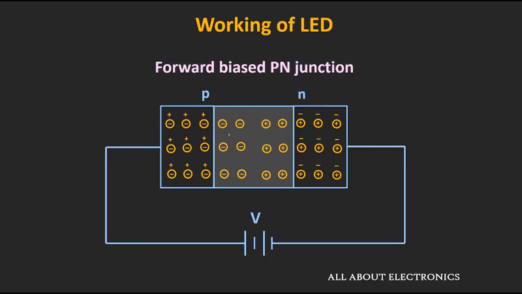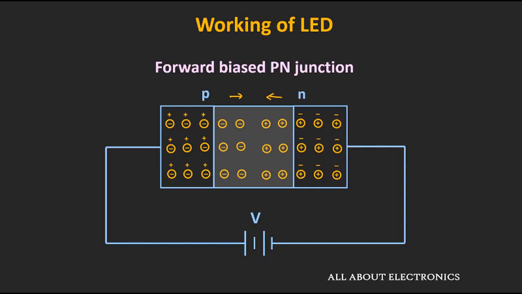Now as we had seen in the earlier video of the PN junction diode, whenever it is forward biased, the holes on the P side start moving towards the N side, and similarly the electrons on the N side start moving towards the P side. In a way, both holes and electrons contribute to the flow of current. During the movements, these charge carriers recombine with each other.